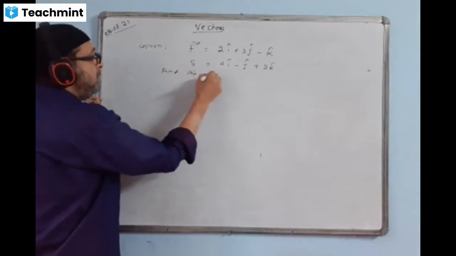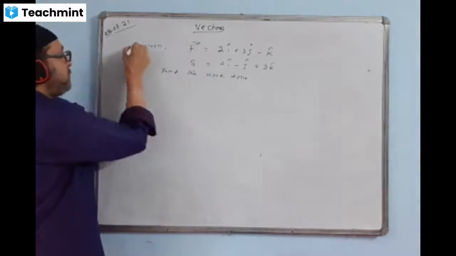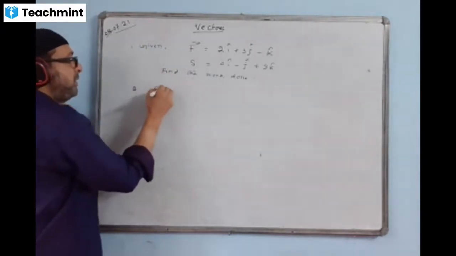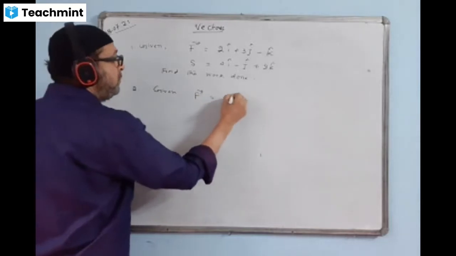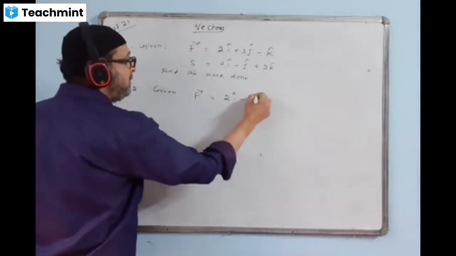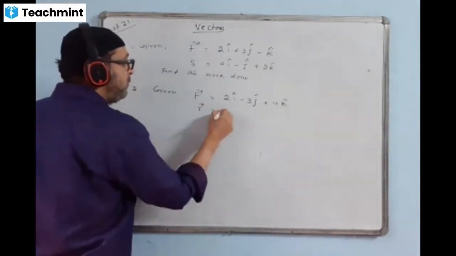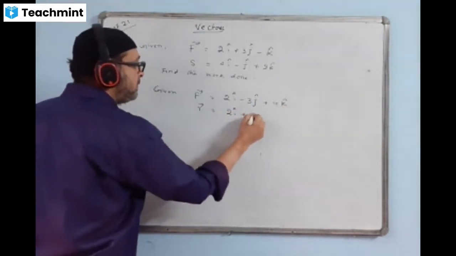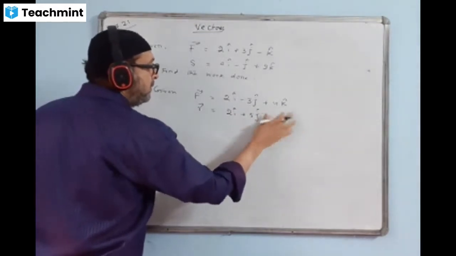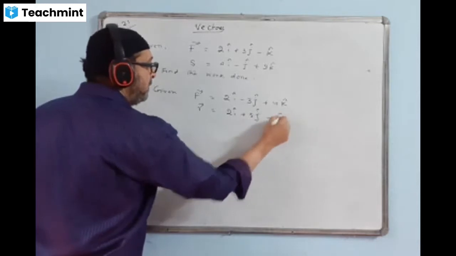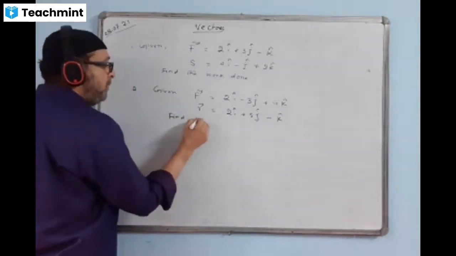Find the work done. This is the first question. Second question: F is equal to 2i minus 3j plus 4k and r equal to 2i plus 5j minus k. Find torque.